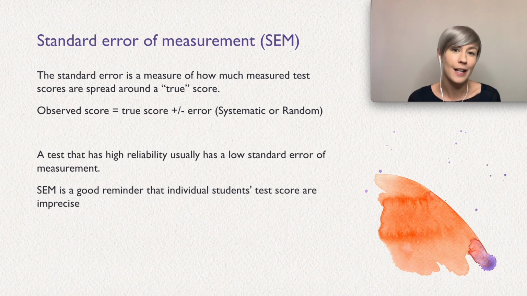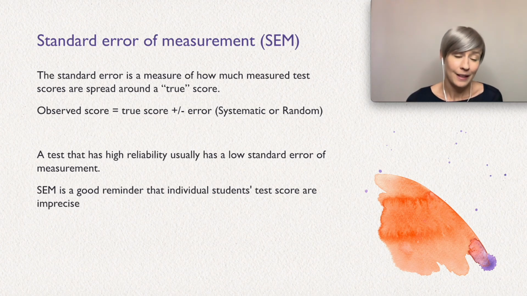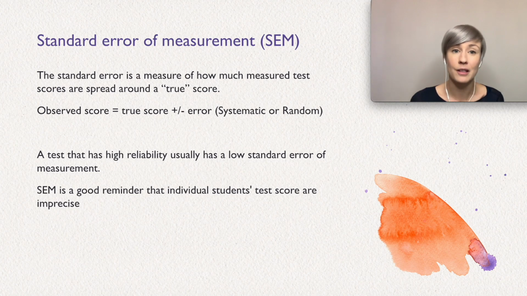So a test that has a high reliability usually has a low standard error of measurement, because you can then account for some of the more standardized problems. So SEM is the standard error of measurement. SEM is a good reminder that individual students' test scores are actually quite imprecise.